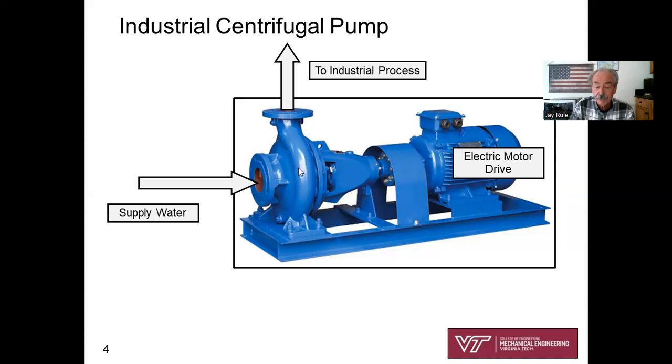That impeller serves to increase the pressure of the water so that the outlet pressure, with this liquid being supplied to some industrial process, is at a higher pressure than the inlet pressure. And that's basically the idea of a pump. That's what a pump does.